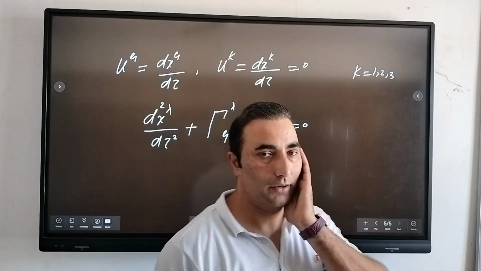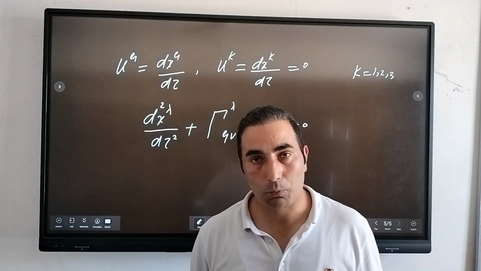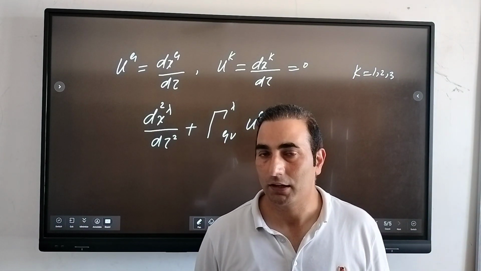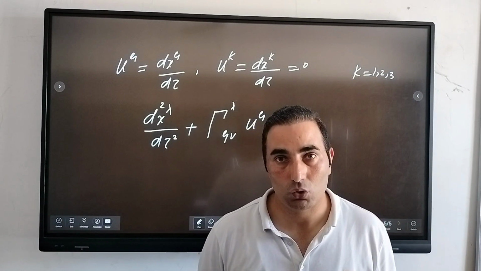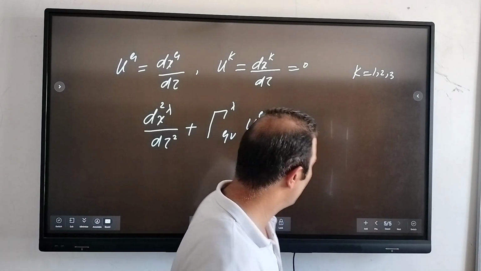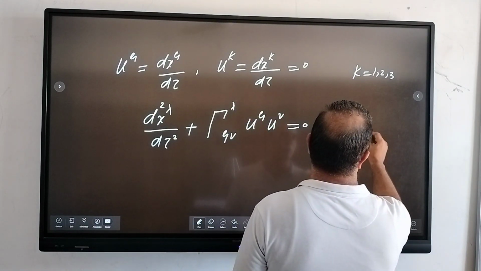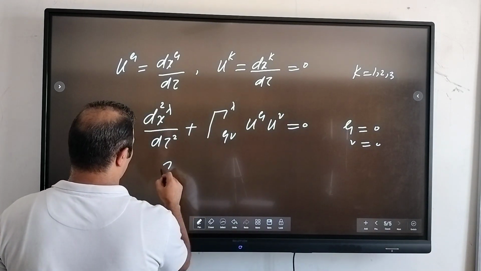And these are well-known terms to you. If you put μ equal to 0, because for μ equal to 1, 2, 3, this velocity component will be 0. So only the time component will survive here. So if you put μ equal to 0, you can write here, this will be equal to.